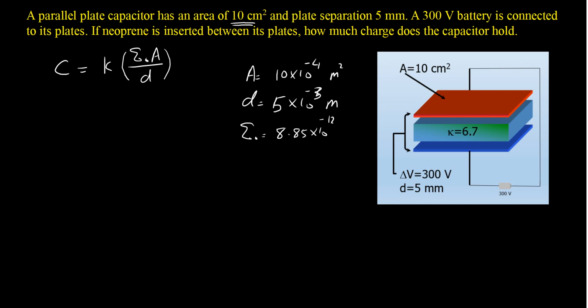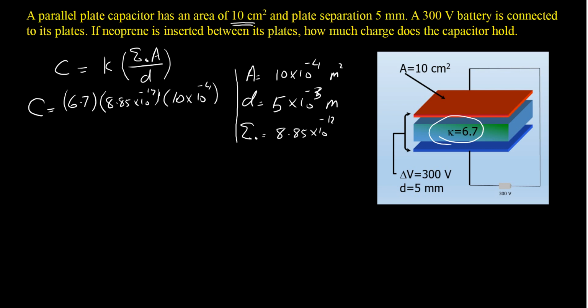Now let's try to do the calculation for this situation. So the capacitance of this capacitor while we have the dielectric will be 6.7, and this number we can see in our picture here for the dielectric, times 8.85 times 10 to the power minus 12, multiplied by the area, which is 10 to the power minus 4, all divided by 5 times 10 to the power minus 3.